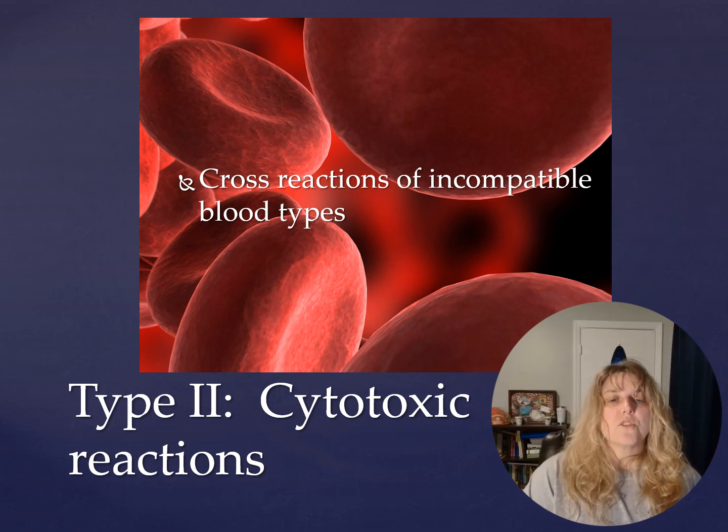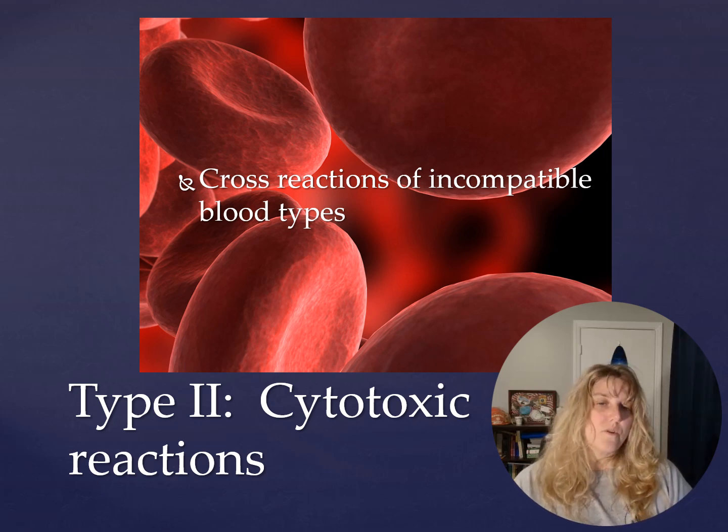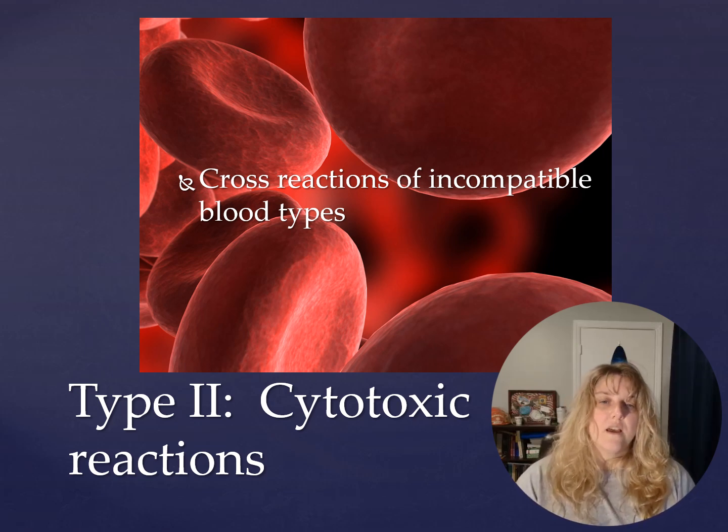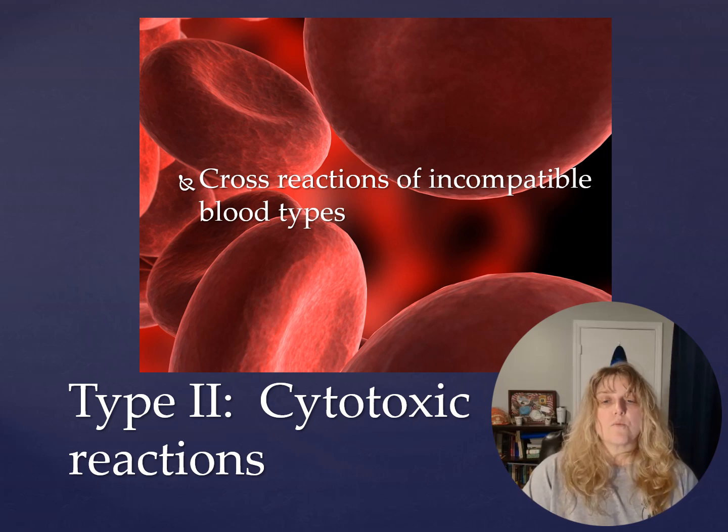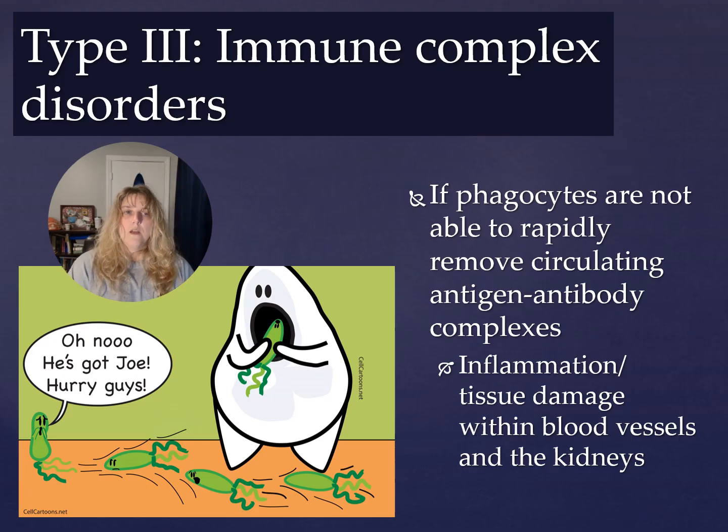Type 2, or cytotoxic reactions, are the result of the IgM, where you have that cross reaction of incompatible blood types. Then type 3, immune complex disorders: if your phagocytes are not able to rapidly remove circulating antigen/antibody complexes, this is where you see inflammation and tissue damage within blood vessels and the kidneys.